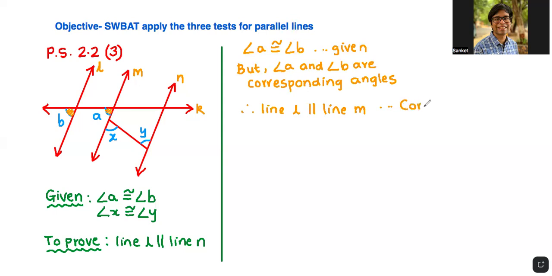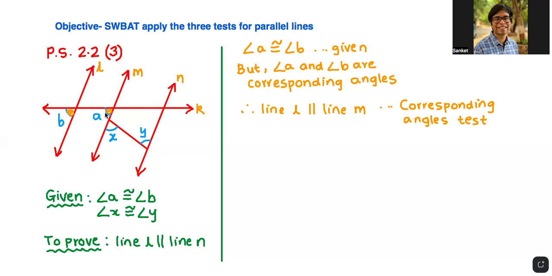Which test? The corresponding angles test. What does the corresponding angles test say? That if the corresponding angles are congruent, then the lines are parallel.